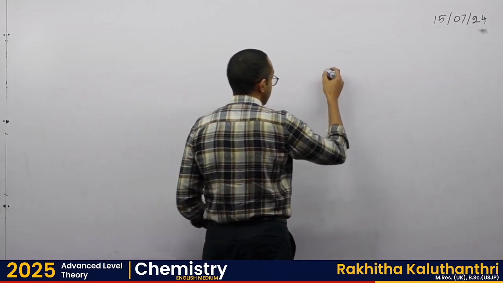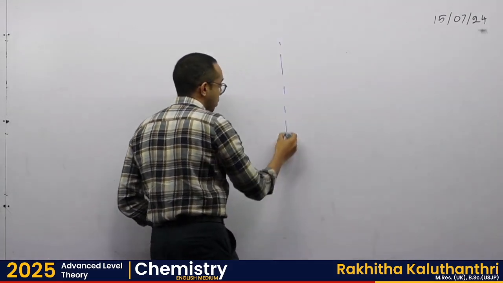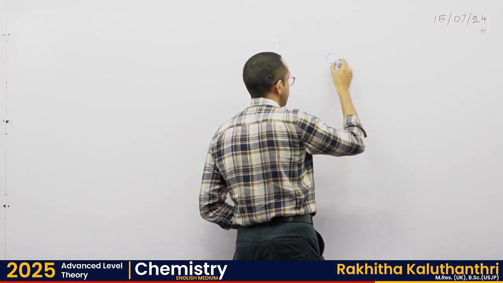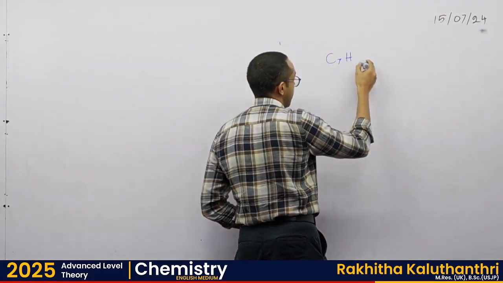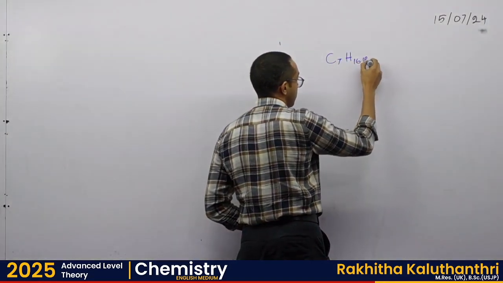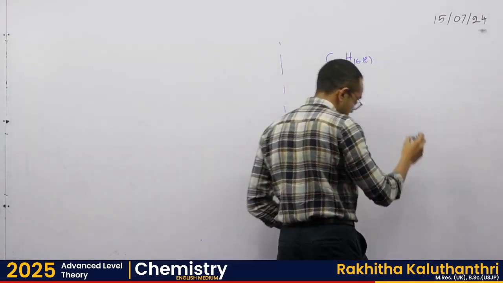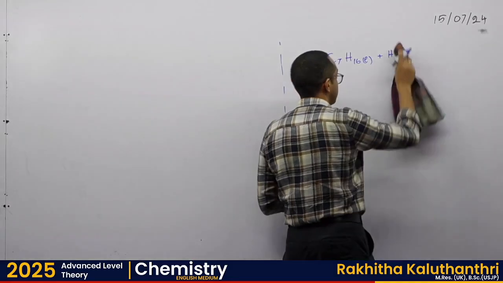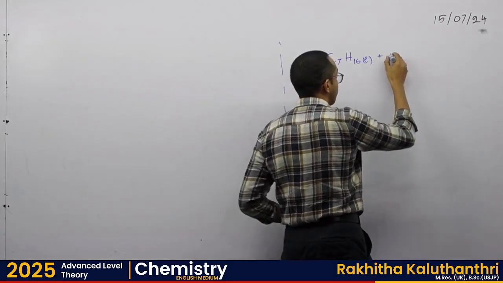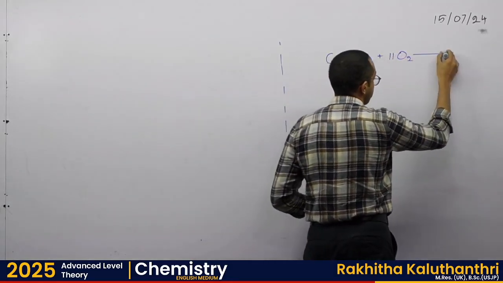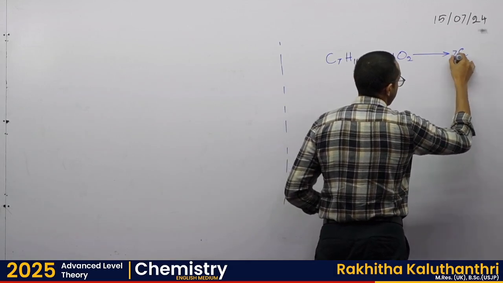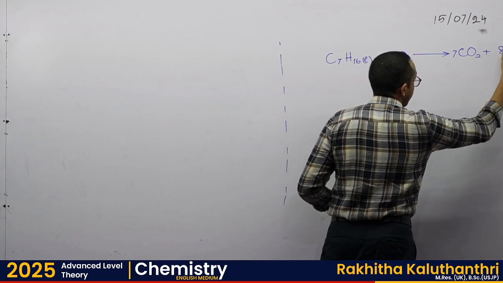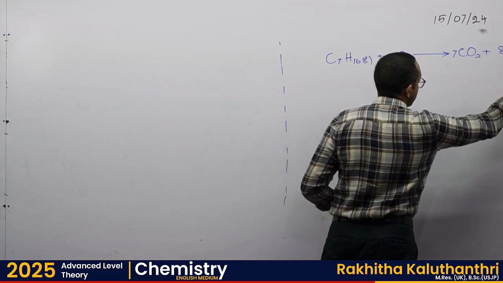I'll draw the Hess cycle here. I'll divide the board into two, otherwise it will be difficult. So we have heptane, C7H16 liquid, reacting with 11 oxygen molecules, forming 7 carbon dioxide along with 8 H2O liquid.